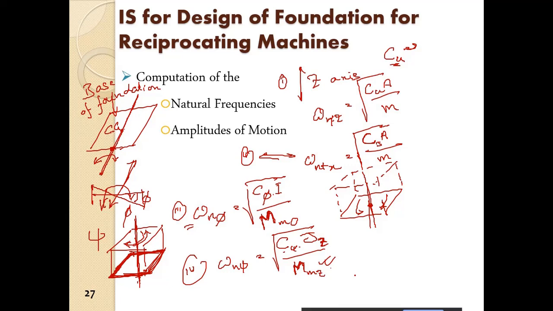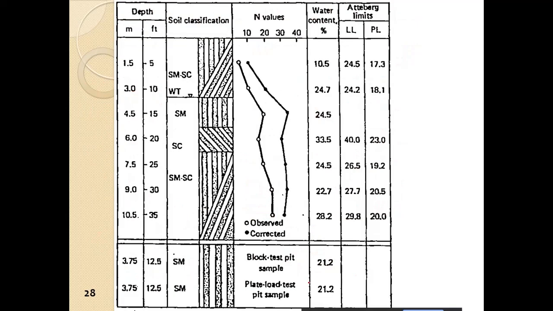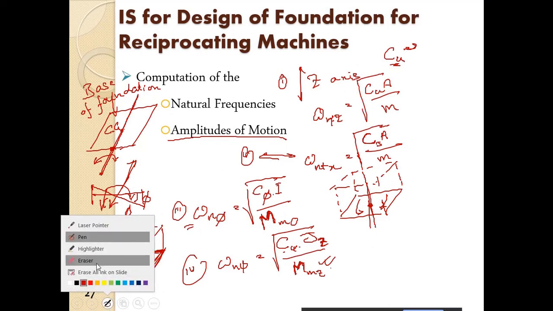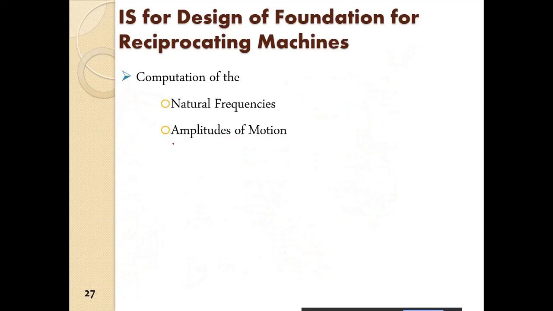Apart from that, we have to define the maximum amplitude of motion. First of all, number one, in the z direction we have the z amplitude.